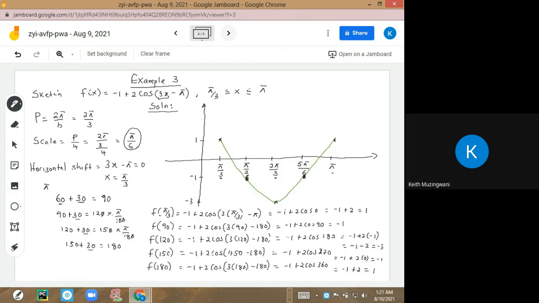If there's no vertical shift, it would have been at 0, but because of the -1, the vertical shift, the pivot point is moving to -1. Okay.